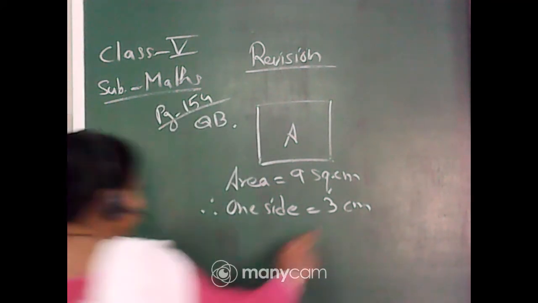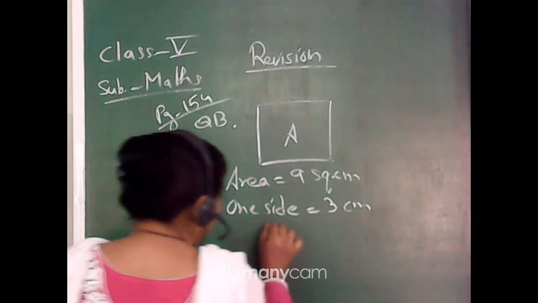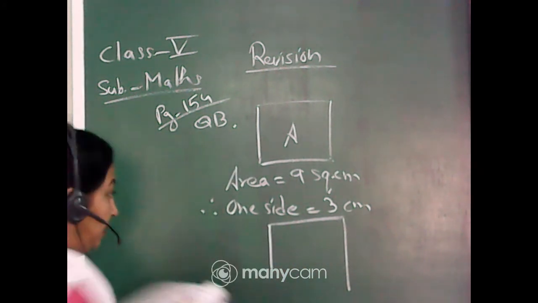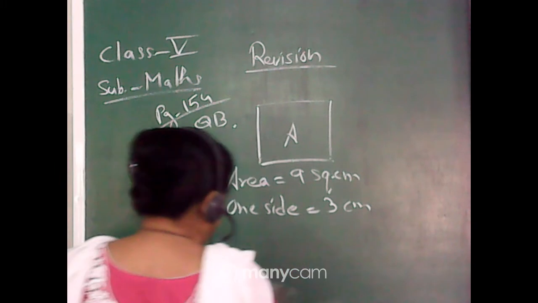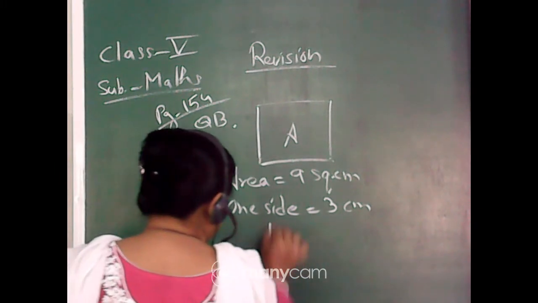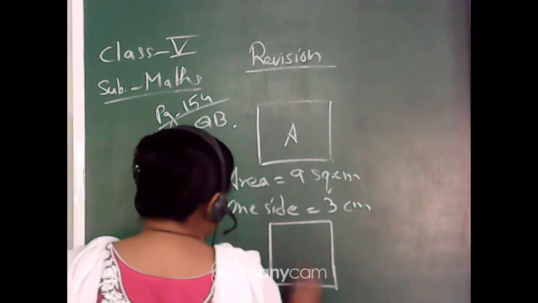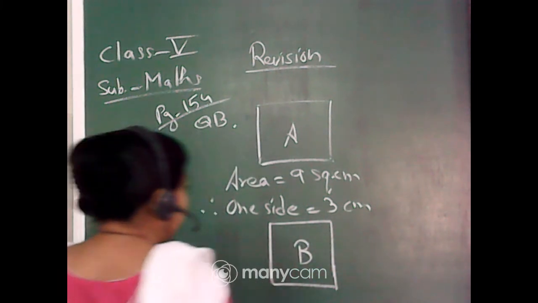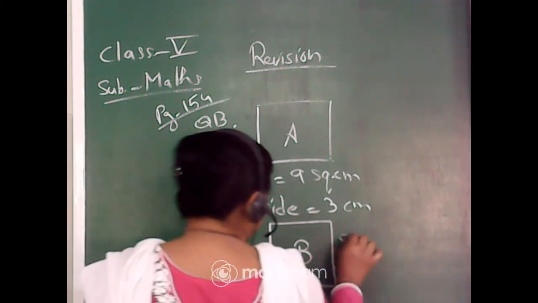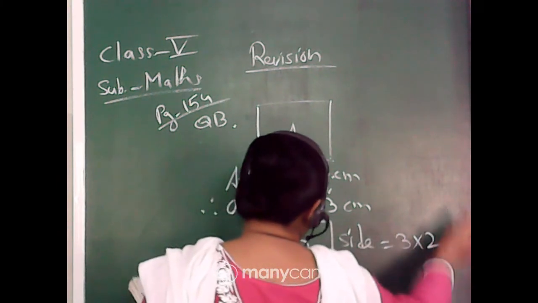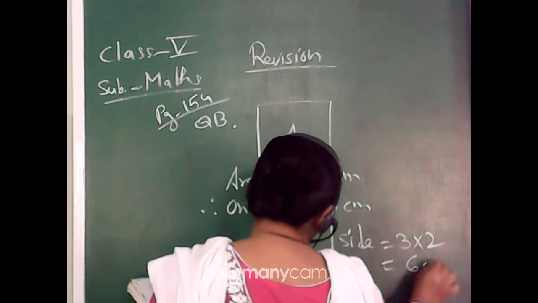You will draw the second square B, and its side will be double. Double means 3 into 2, that means 6 centimeter.